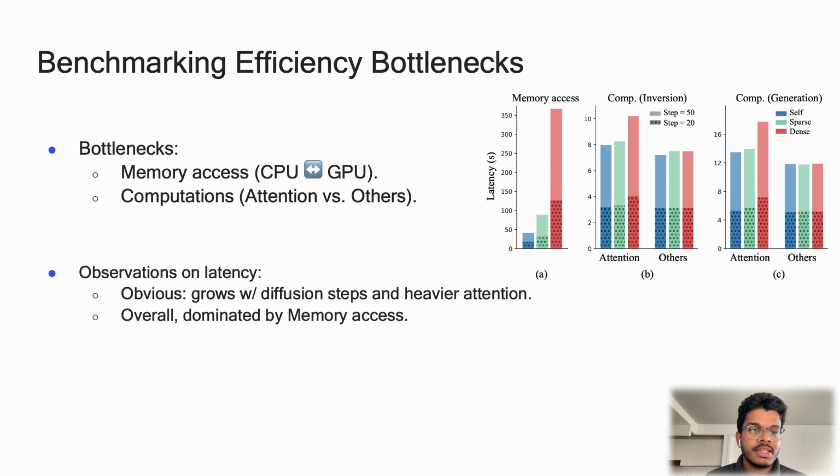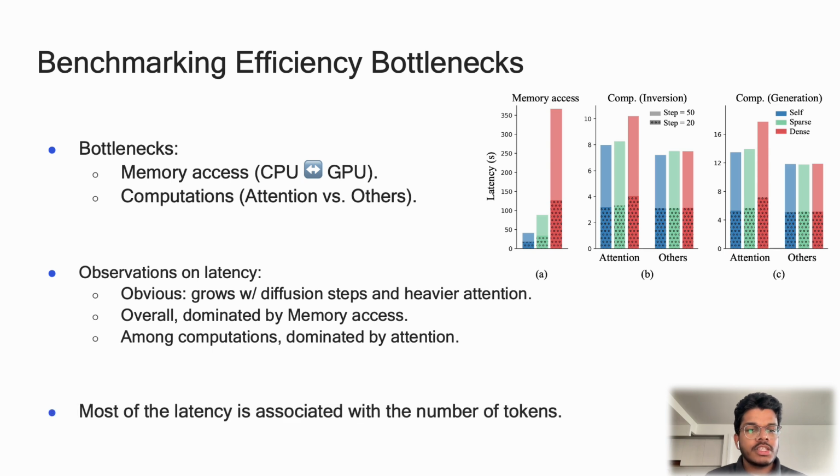What's more surprising is that the overall cost is dominated by memory access, which you can see looking at the y-axis. Among computations, the cost is dominated by attention. Based on these observations, we conclude that most of the latency is associated with the number of tokens. And if we reduce the number of tokens, we can directly or indirectly address both these types of bottlenecks.